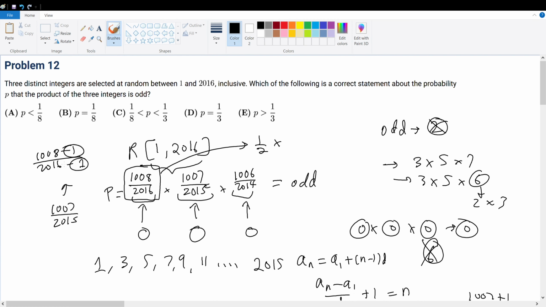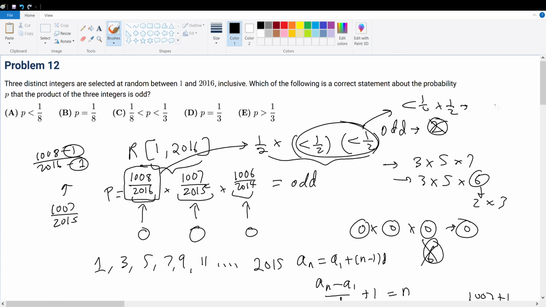Subtracting 1 from the numerator and denominator will change the number so insignificantly that this would be a number that's just slightly less than half. And likewise, the next term will be slightly less than half. So the product of these will get a number that's less than 1 over 4, which multiplied by half will give you a number that's less than 1 over 8. And so the probability will be less than 1 over 8.